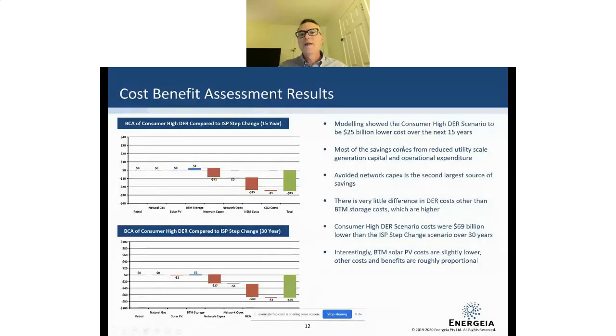And the sort of, I guess, economic stimulus for policymakers, regulators, and industry to strive for a future like this, where consumers are charged $25 billion less, all things being equal, than under the step change scenario in the ISP. On a 30-year basis, the savings are slightly higher in present value terms, up to $69 billion.